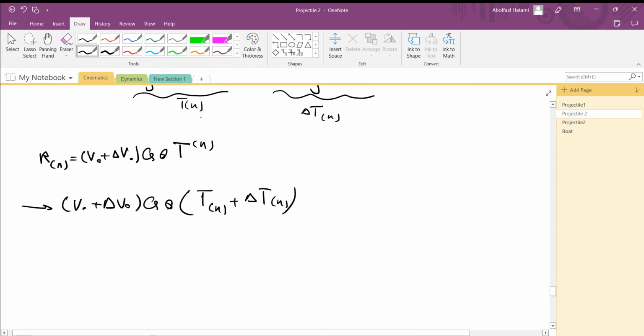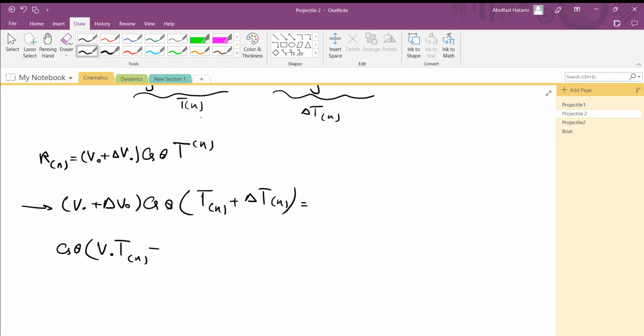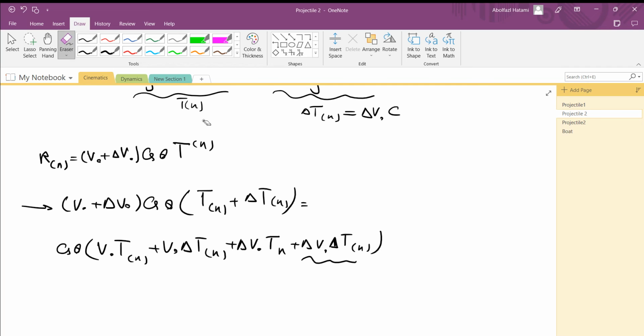If I calculate this, I will obtain cosine of theta times v0 tn plus v0 delta tn plus delta v0 tn plus delta v0 delta tn, which I can again neglect this last term. Why? Because delta tn is something like delta v0 times a constant c.